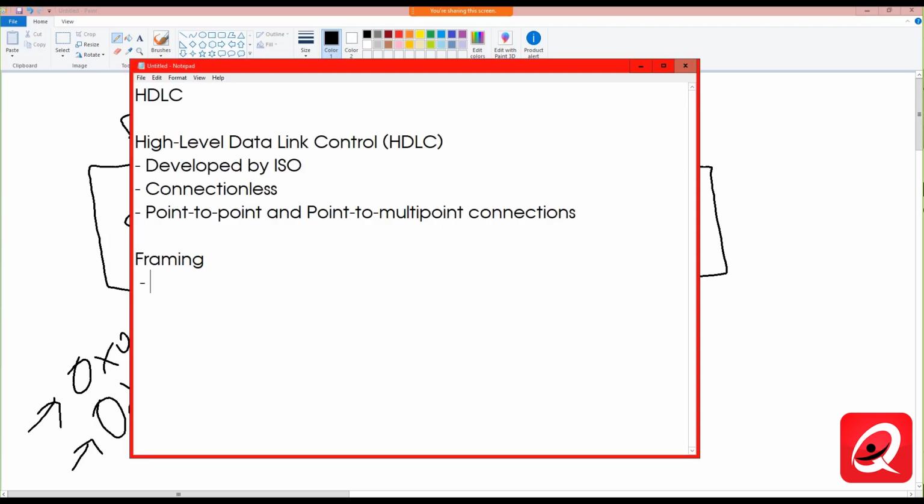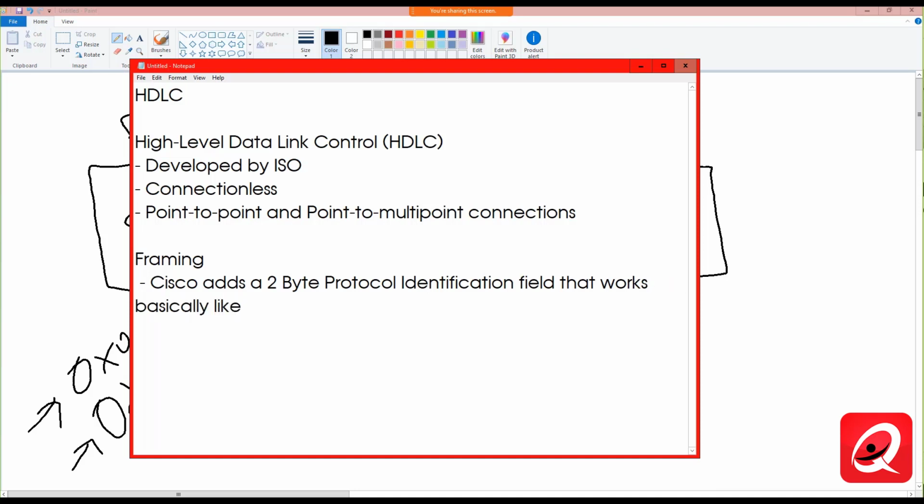Cisco adds a 2-byte protocol identification field that works basically like a type field in Ethernet 2, because 802.3 does not use a type field.